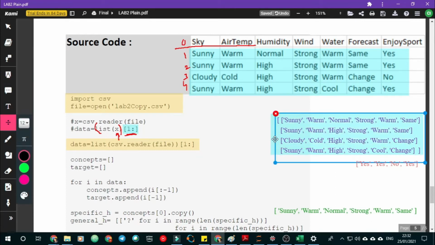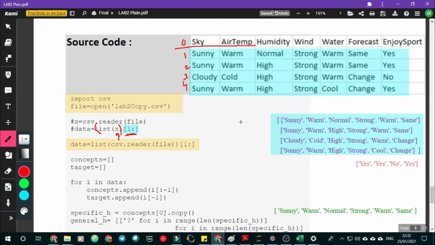So now I say that this is data of 0, data of 1, data of 2, data of 3. Understood? Okay. These two are commented. Either you can use this or these two, anything, and I have noted here.